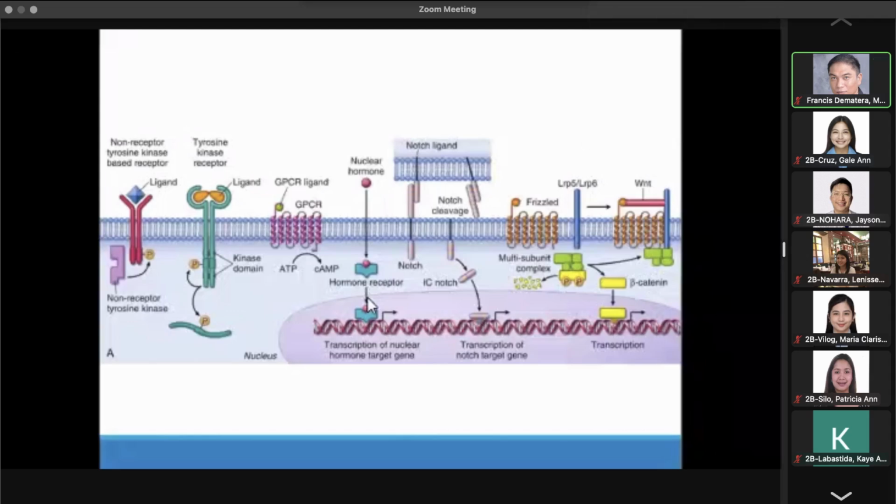So the cleaved portion will move from the cytosol to the nucleus.